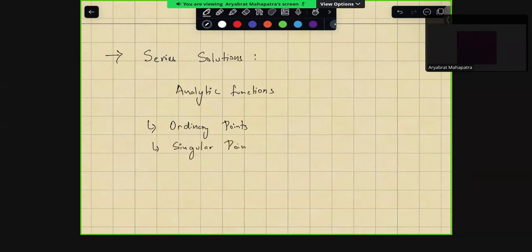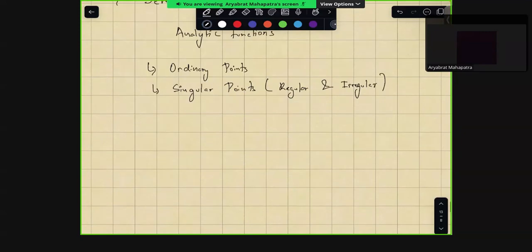In singular points, we also had regular and irregular singular points.